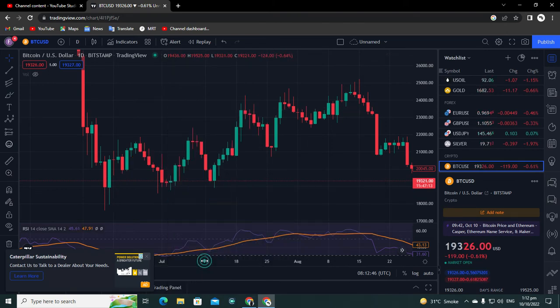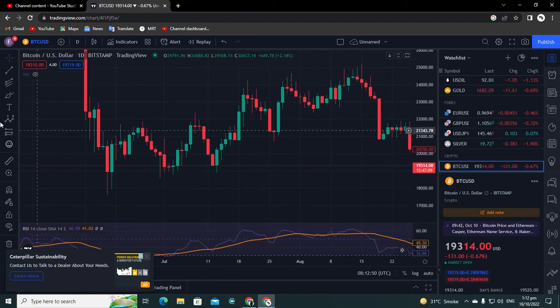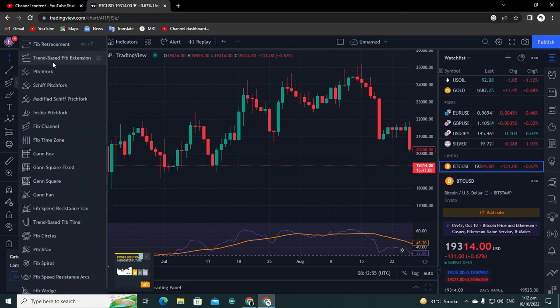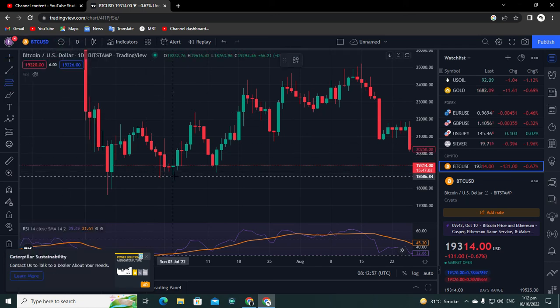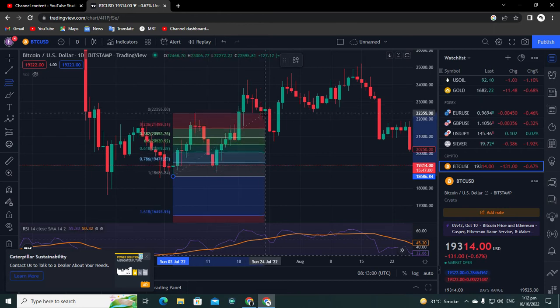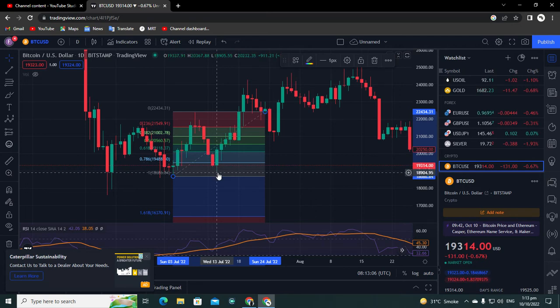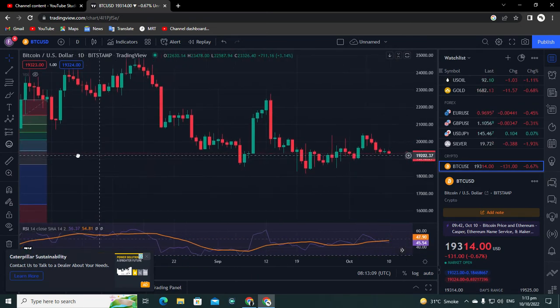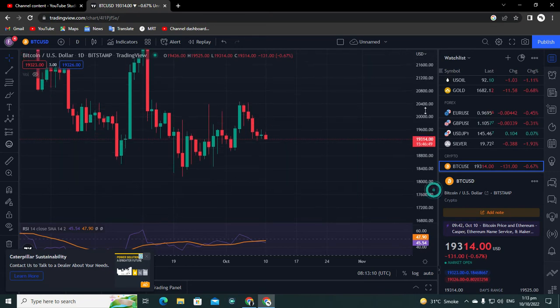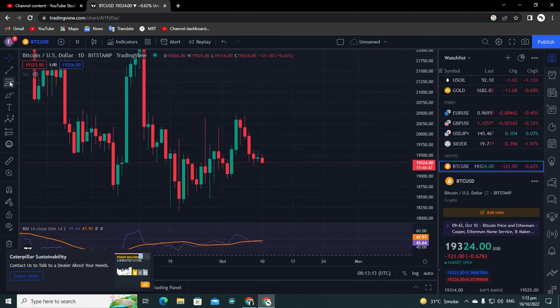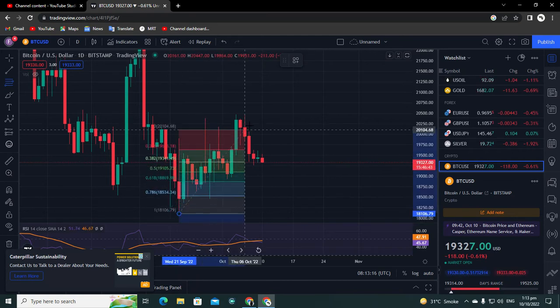Okay, drawings removed. Now to see how far the correction wave will go, we use Fibonacci retracement. It's actually a different lecture, but I'm just telling you the basics. Starting from here, it went all the way here, and the correction was up to this point. If we go forward, like here, where the market stands now, we can estimate by Fibonacci retracement that the market went up from here.